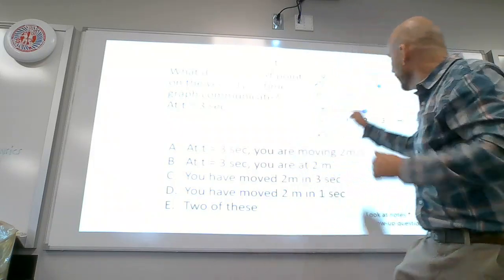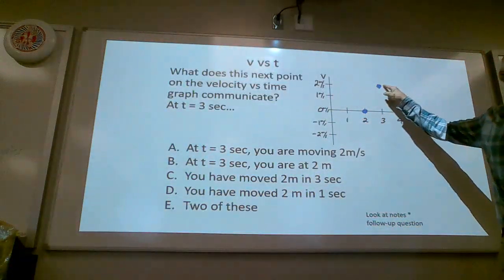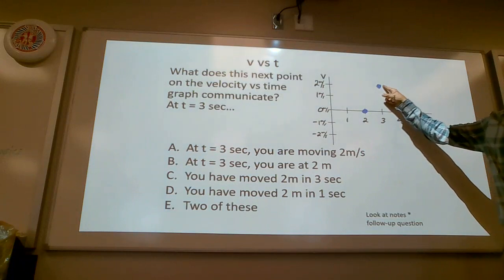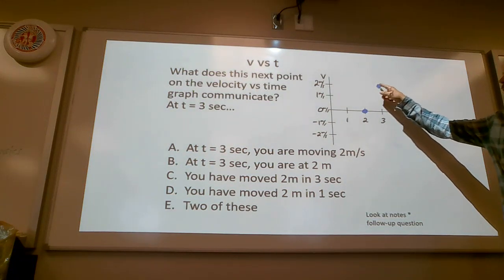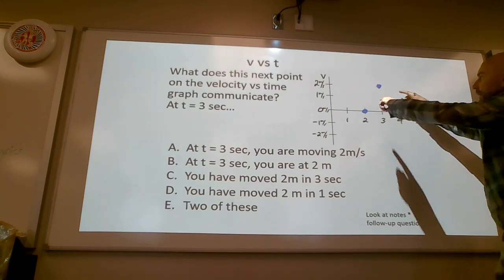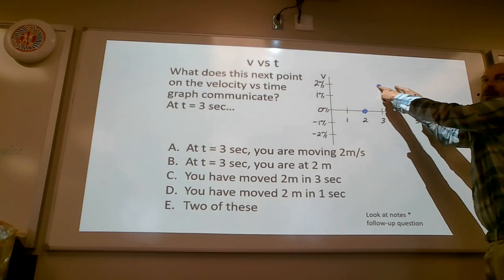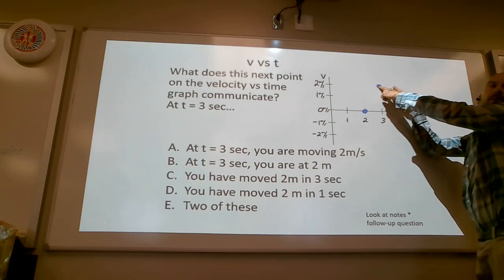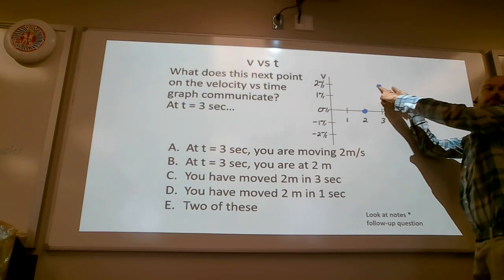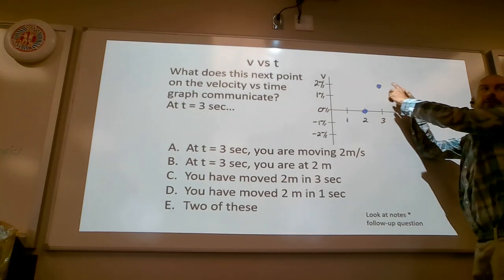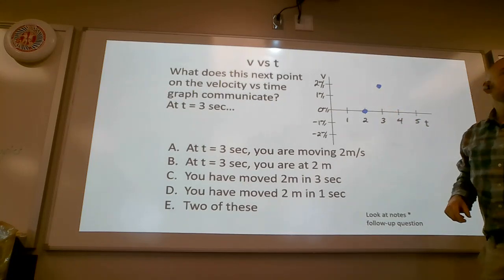At this moment in time, you're going 2 meters a second. In order to travel 2 meters, you need to do this speed, this velocity, for an entire second, a 1 Mississippi, 1 second time interval. This is just a moment in time.